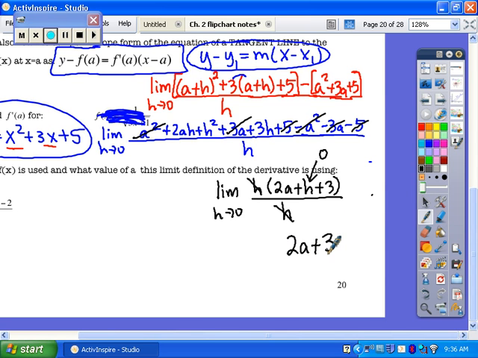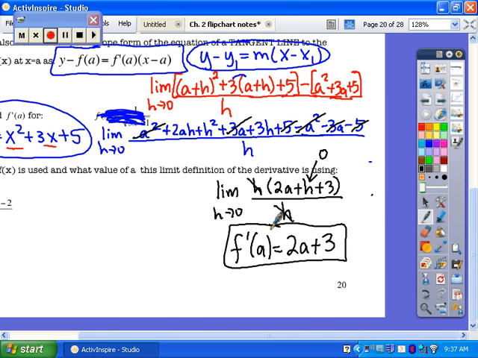So the answer to this problem is that f prime at a equals 2a plus 3. That's the derivative of the function. So the derivative is going to be 2a plus 3, and whatever a value you have, you just plug that in, and that gets you the actual slope.